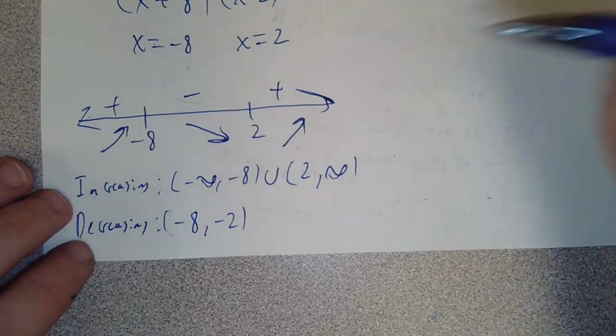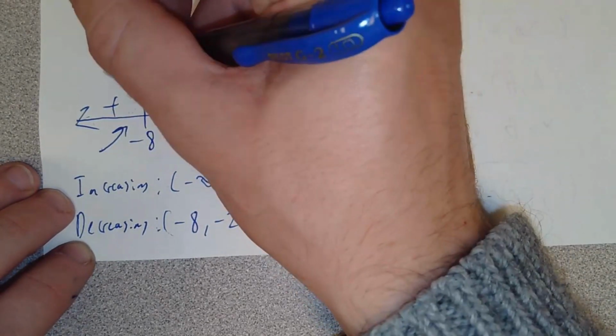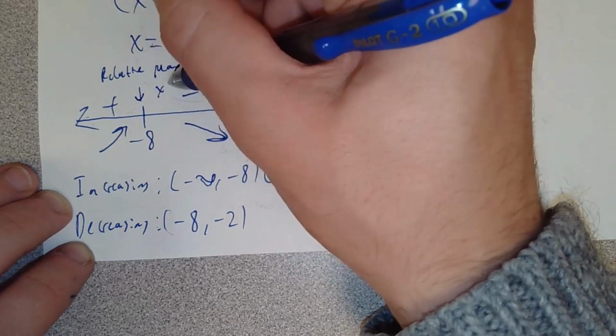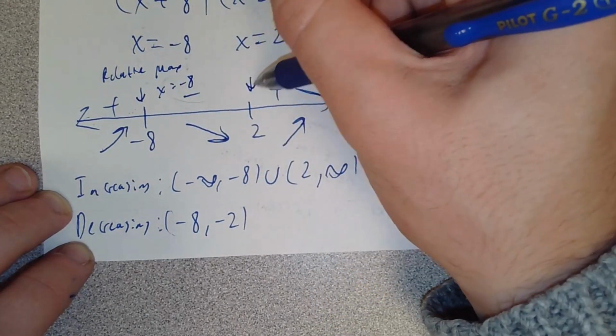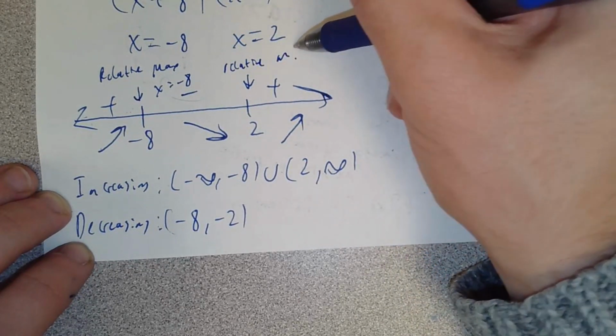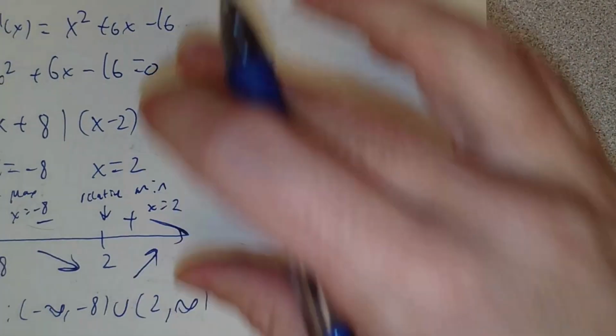And then we're going to have a relative max here at x equals -8 and a relative min here. Okay. So that's the first derivative side.